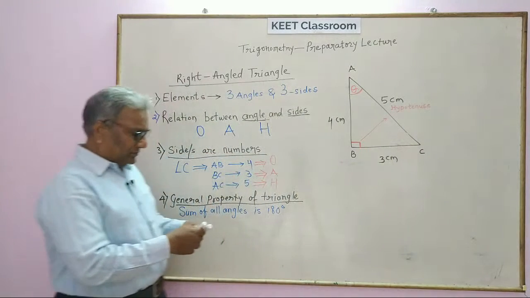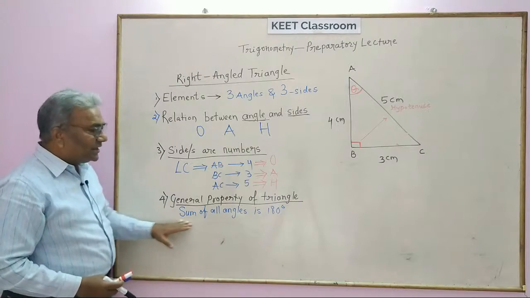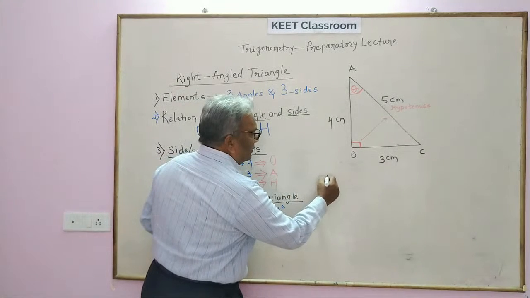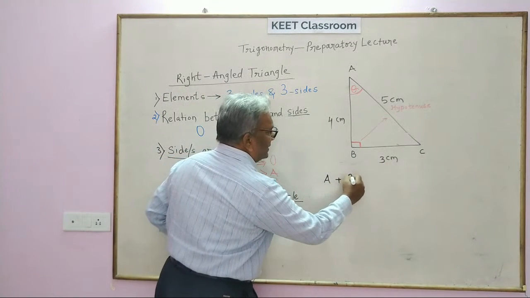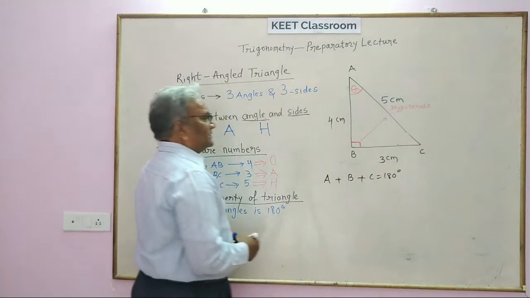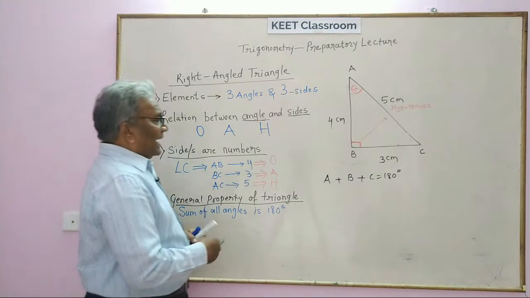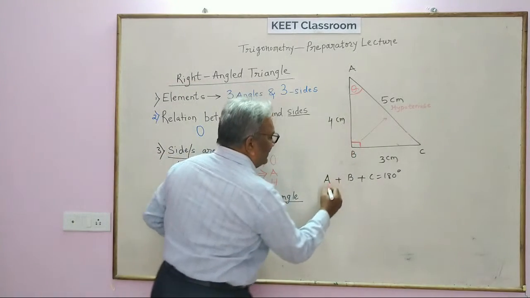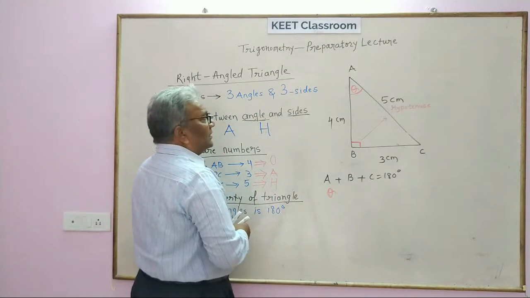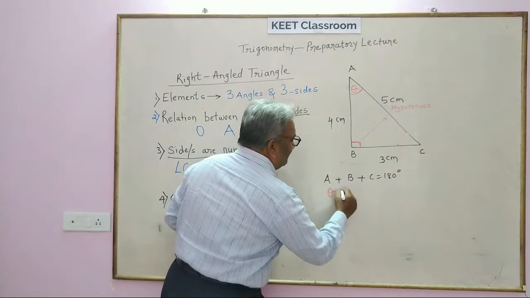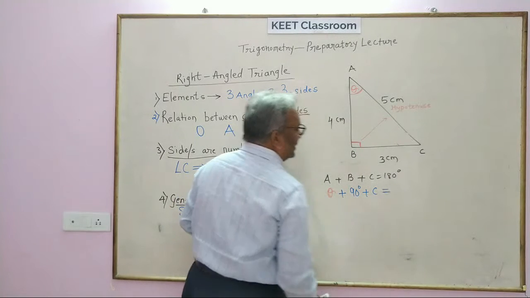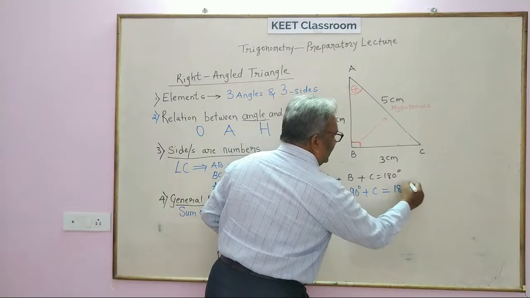So that will work out. As per this general property, the sum of all angles is 180. So here we can work out that angle A plus angle B plus angle C is equal to 180 degrees. Angle A we have taken as theta, plus angle B being a right angle is 90 degrees, plus angle C we are interested in finding out, equal to 180.